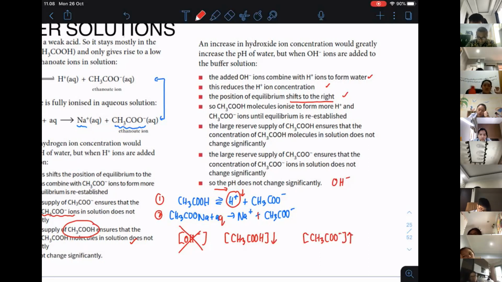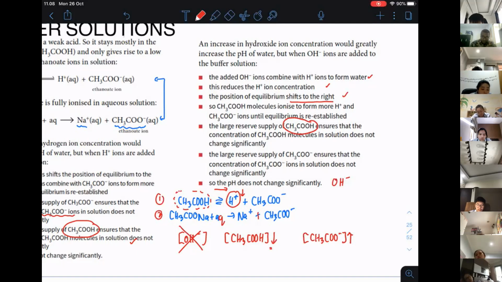So now, what happens? How do we make sure that whatever is changed over here does not affect the others? The large supply of this, even though earlier we decreased this, because it's a large reserve supply, the decrease is considered to be insignificant.